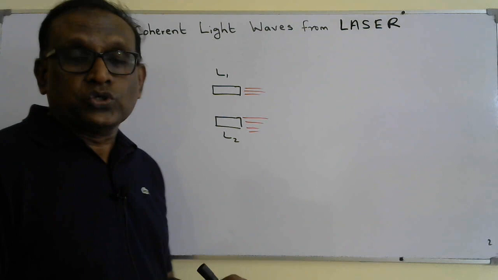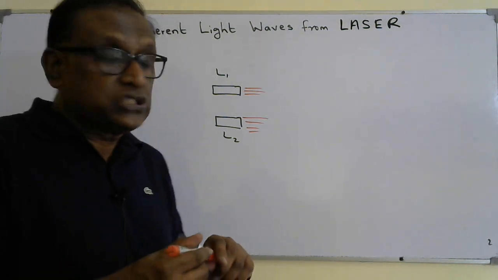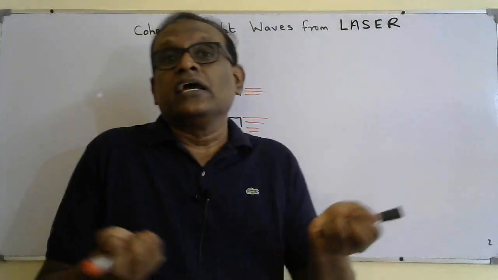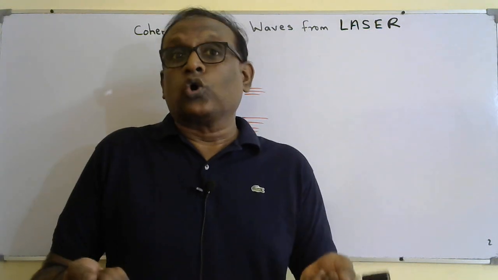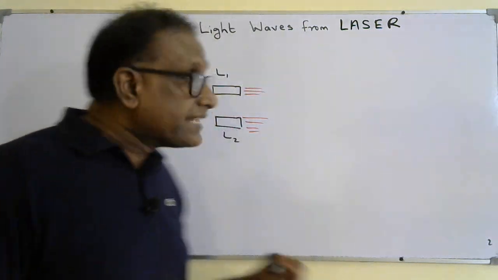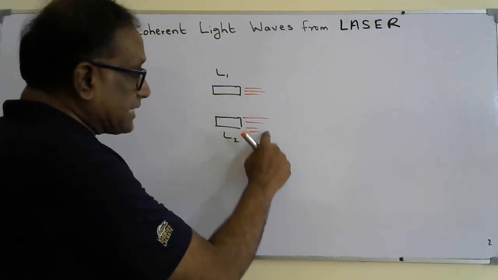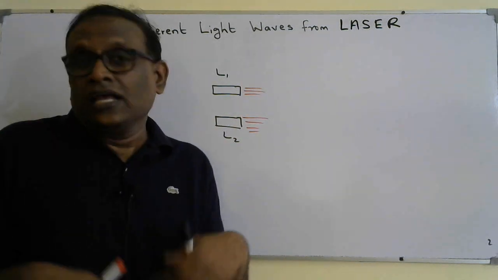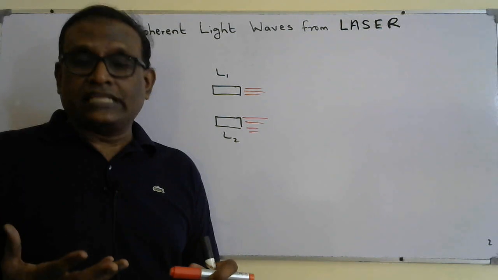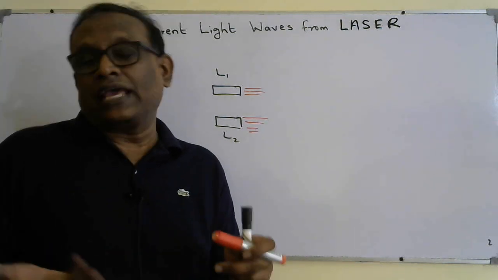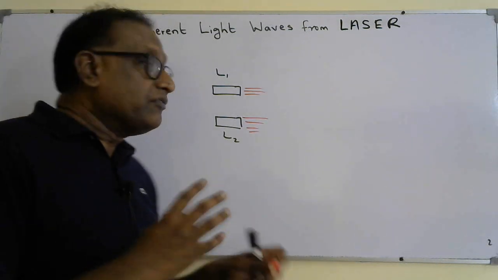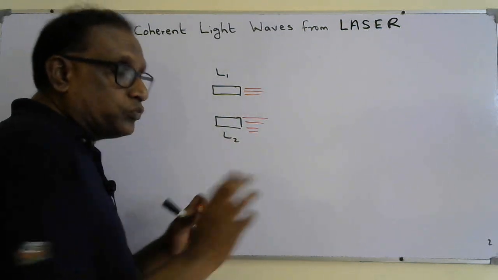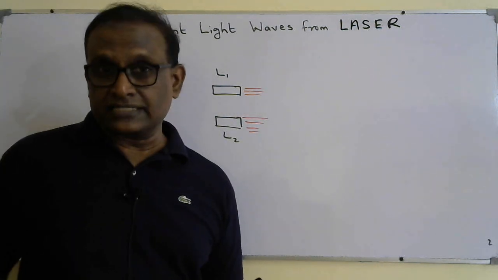So you can't use two different laser torches as coherent light sources, because the phase relationship between the laser lights from two torches will randomly change. Anyway, the principle of how a laser emits light is different, but the two laser lights won't have a constant phase relationship.